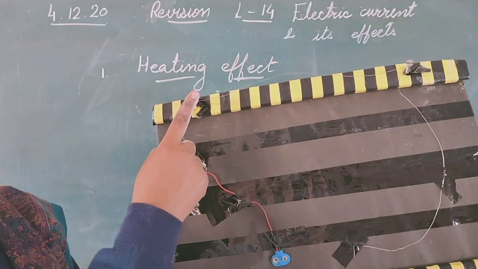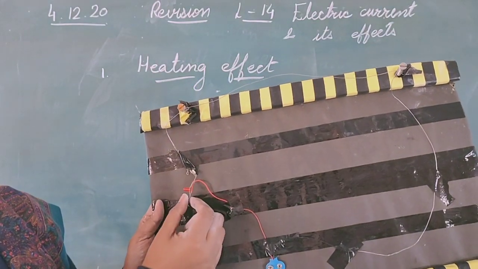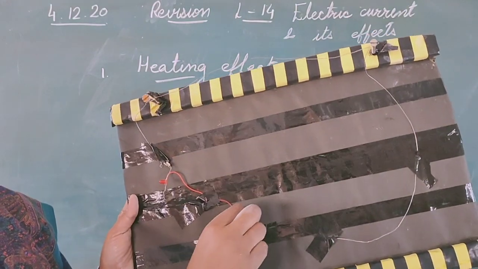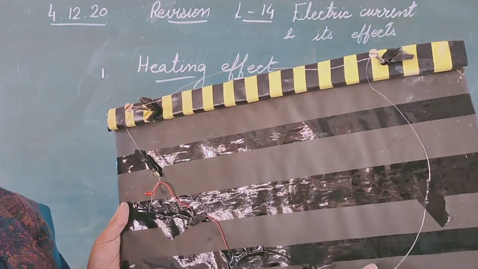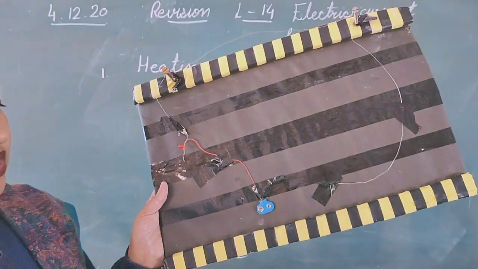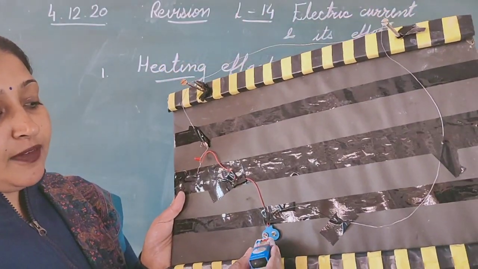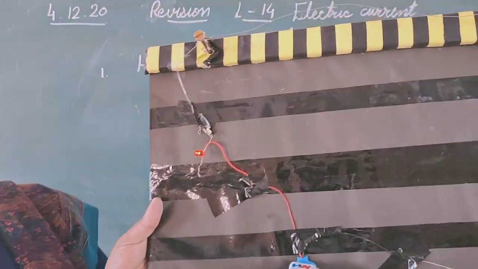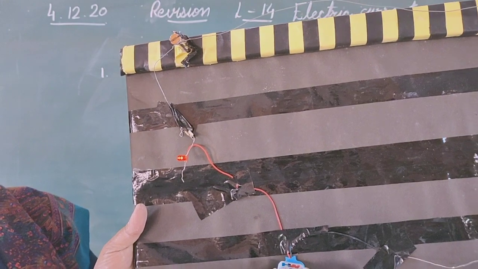This is the nichrome wire. Then I have attached a bulb over here to show you that current is passing. Then there are certain wires attached to it. And here I have taken a connection of a battery. When I join it with the battery, can you see the bulb is glowing?